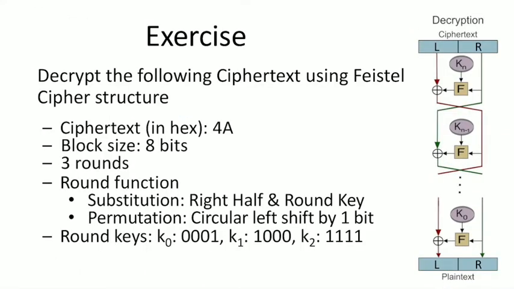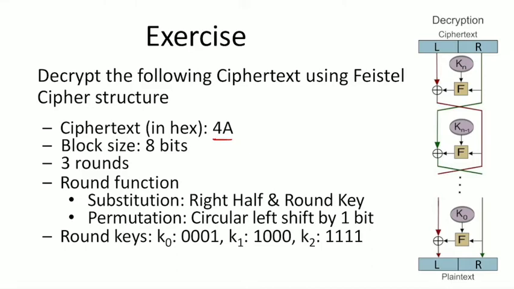Now again, what we'll try to do here is decrypt the ciphertext that we got from the previous exercise and see if we're actually able to find the plain text, which was 1A, using this ciphertext 4A. So pause here and try to complete this exercise and try to decrypt this ciphertext 4A.